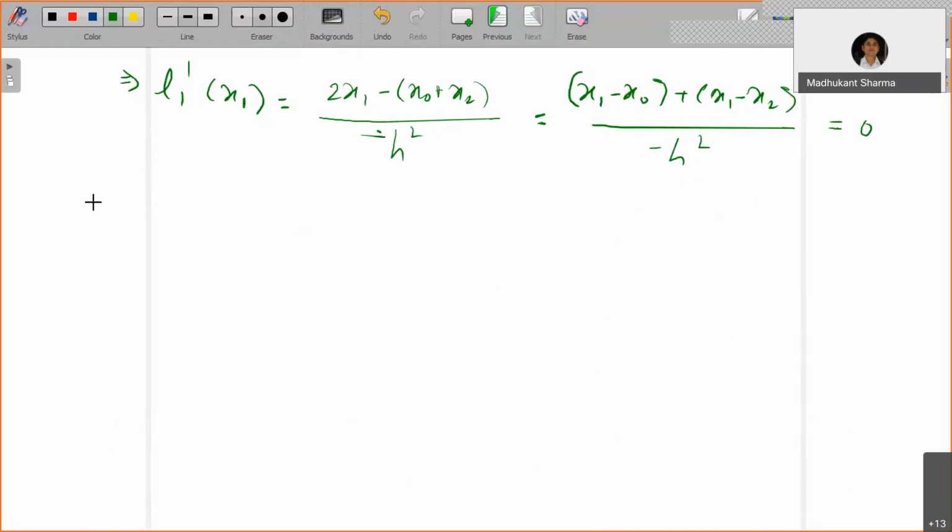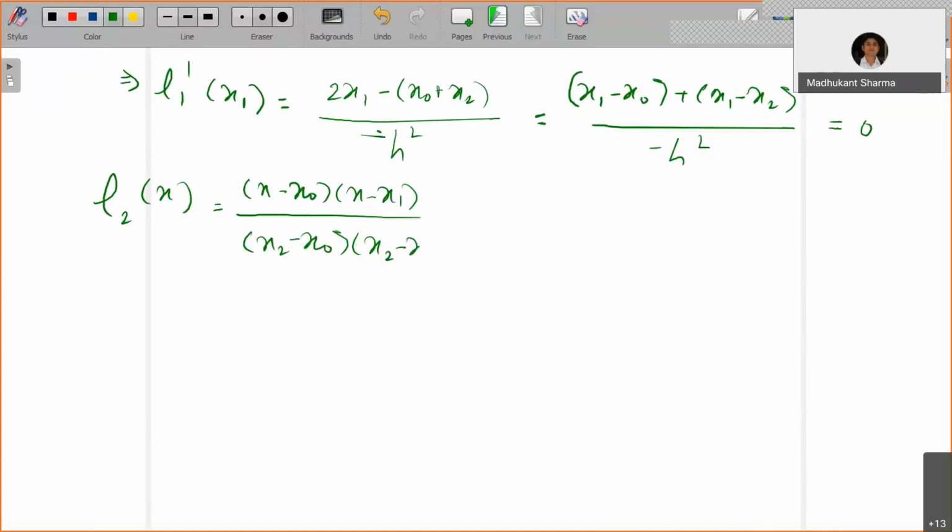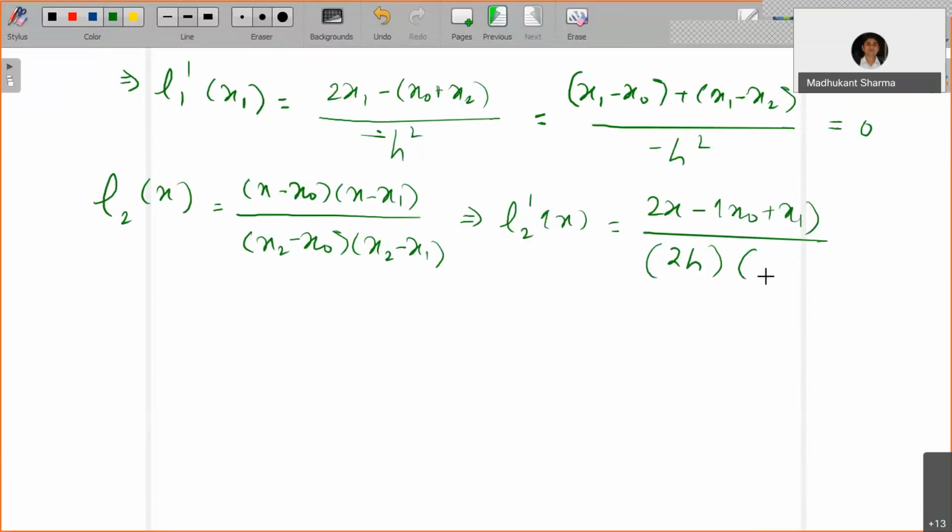Okay, so now similarly you can go with the L2 at x, that is x minus x0 into x minus x1 divided by x2 minus x0, x2 minus x1, and L2 dash at x is again, in a similar way, 2x minus x0 plus x1 divided by x2 minus x0 which was 2h, x2 minus x1 is h.